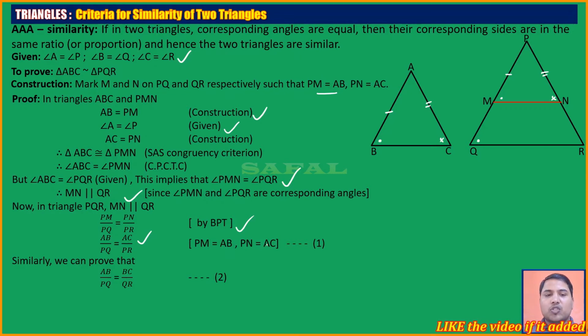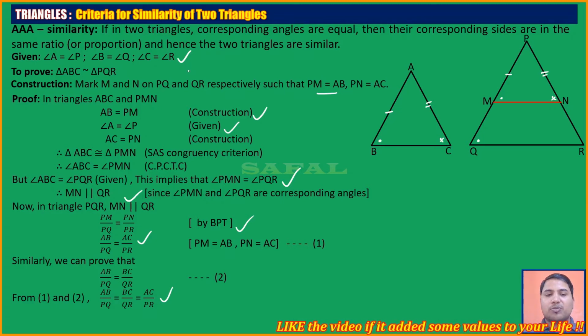So from 1 and 2, I can say that AB by PQ equals BC by QR equals AC by PR. So using the given information that angles are equal, we are able to prove that sides are proportional. And these are the two mandatory conditions for two polygons to be similar.